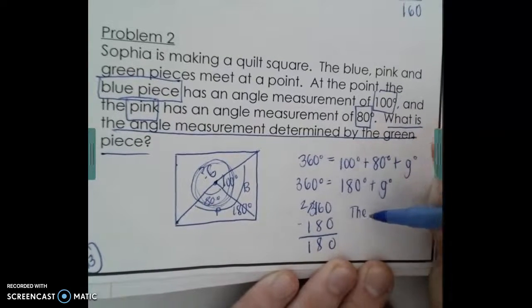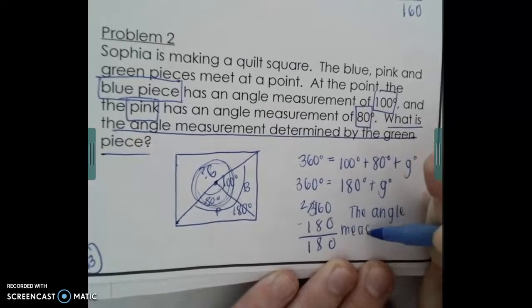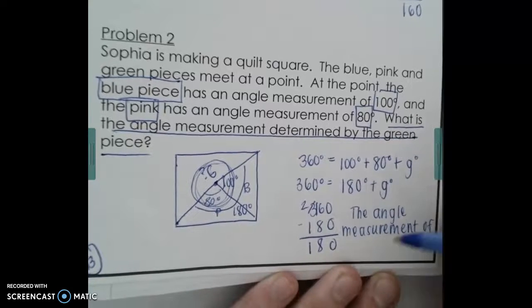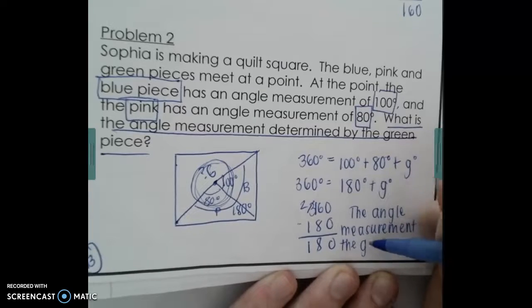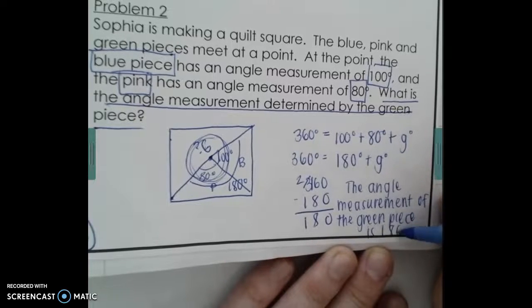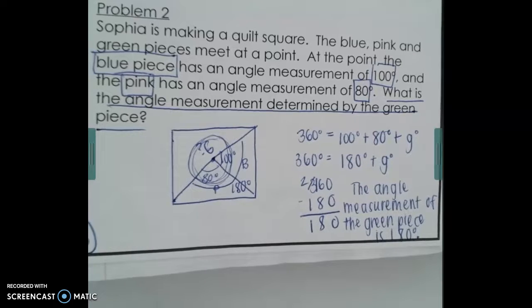The angle measurement of the green piece is 180 degrees. So all of this is using what we know about straight angles, right angles, and our circle 360 degrees to find missing angles inside, those missing parts.